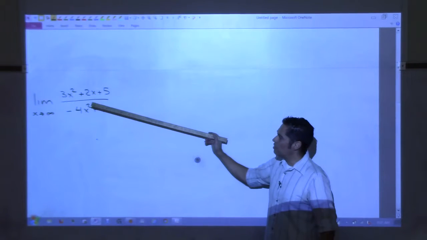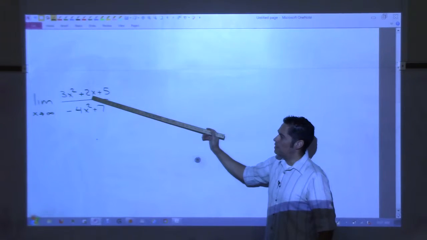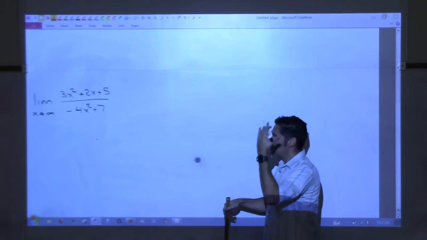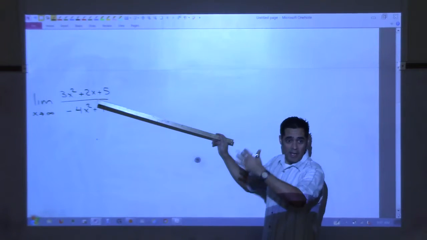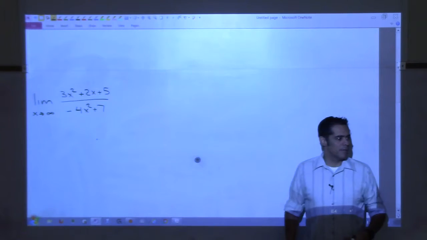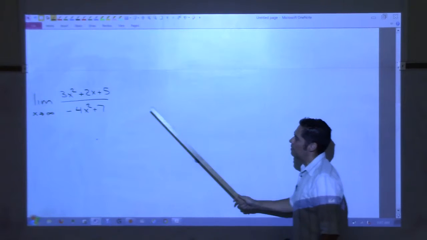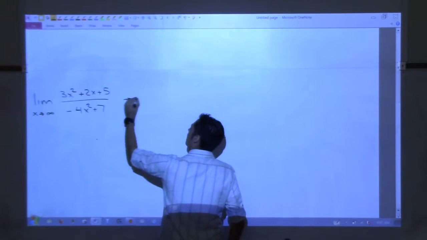And then we're adding to it 2x. 2 times infinity should be huge. So we're adding a huge number to a huge number. Still getting big. And then plus 5 really doesn't make much of a difference, right? Infinity plus 5 is still huge. So the top is headed towards infinity.